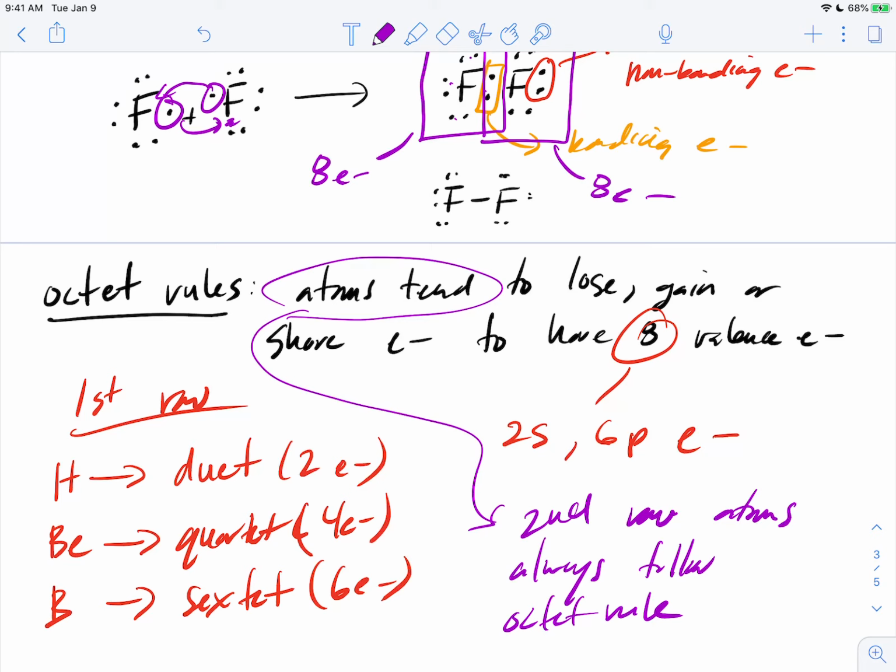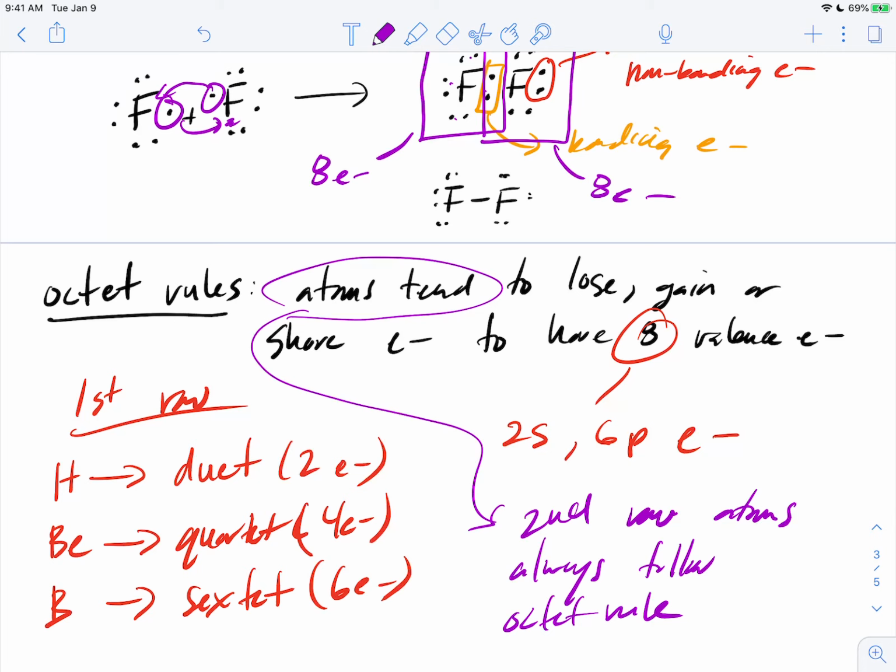They can have an extended octet, and we'll talk about why that is. It's just because there's d orbitals, and we can throw some electrons in d orbitals, and that actually is pretty stabilizing. Atoms in the second row do not have d electrons to put in.